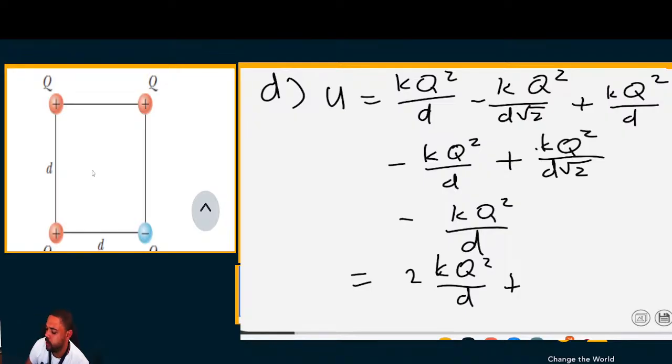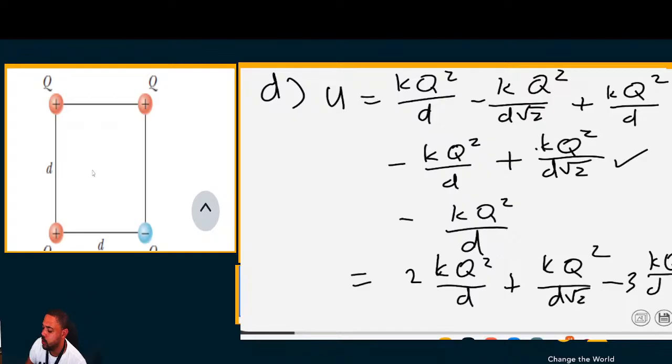There is one positive, so it should be this one, kq squared over d square root 2, and then the last one should be a negative. Those two, 1, 2, 3, negative 3kq squared over d square root 2.